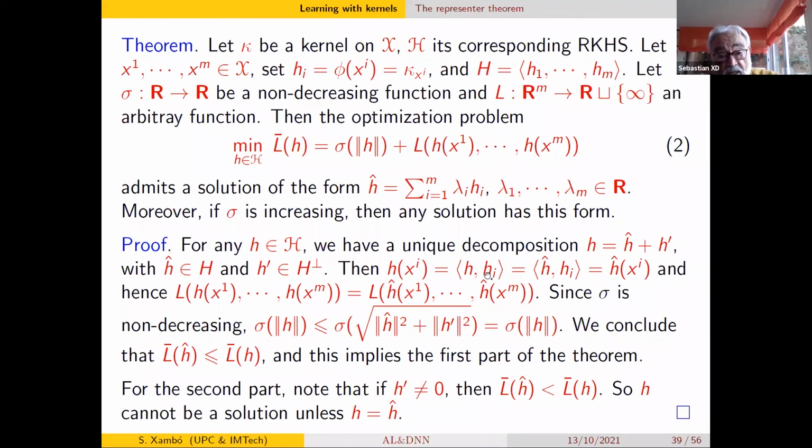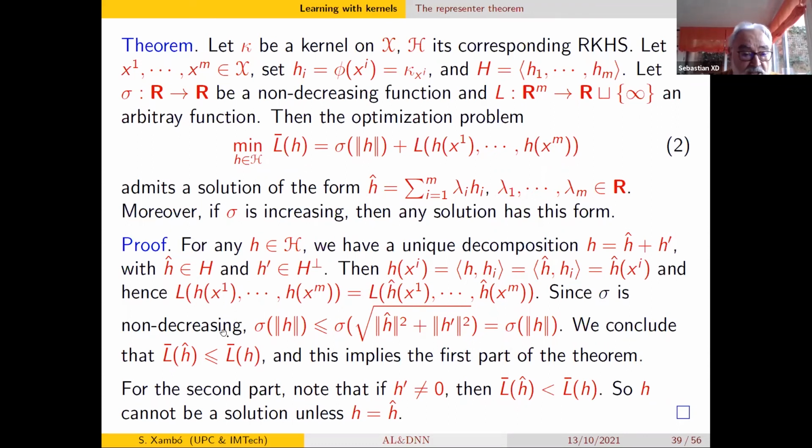This inner product, h prime times hi, is 0 because h prime is in the perpendicular space. So this is the same as the inner product of h hat and hi. And again, by the reproducing property, this is h hat of xi. Okay? And hence, this function here can be written by using h hat instead.